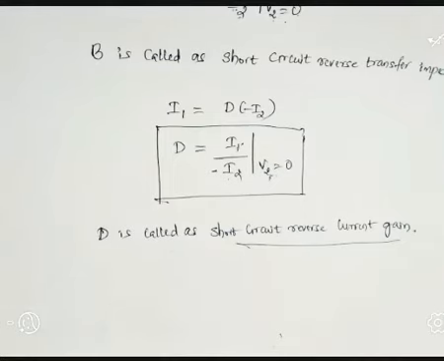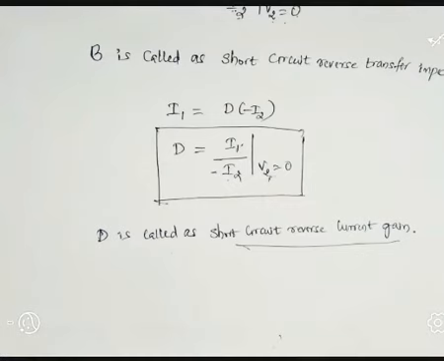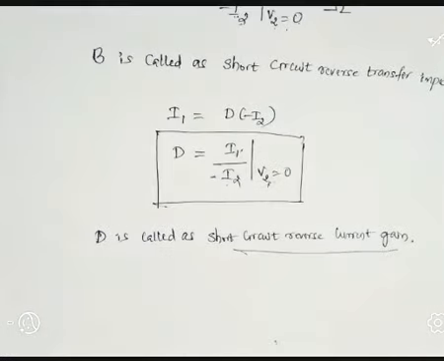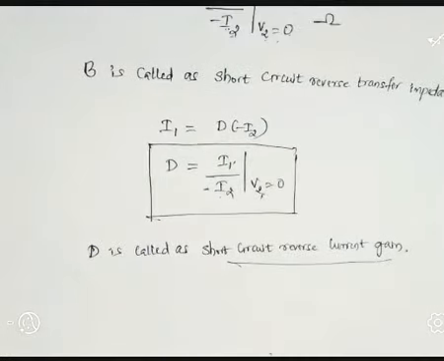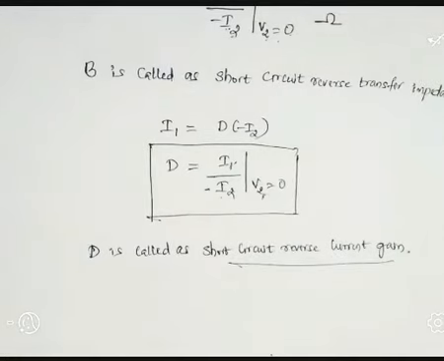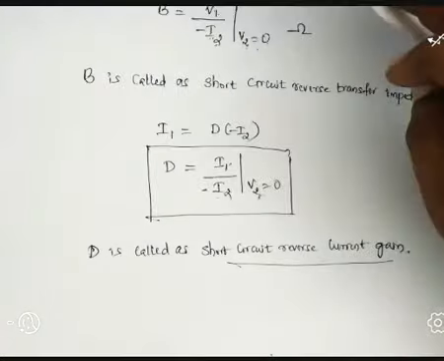In the analysis of a power transmission line, the input side is called the sending end and the output side is called the receiving end. According to transmission line theory, the sending end variables are expressed in terms of receiving end variables. So in ABCD parameters, the input variables V1 and I1 are expressed in terms of output variables V2 and I2. Due to this, ABCD parameters are also called transmission parameters.